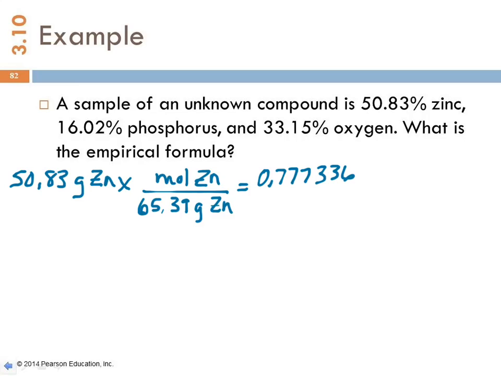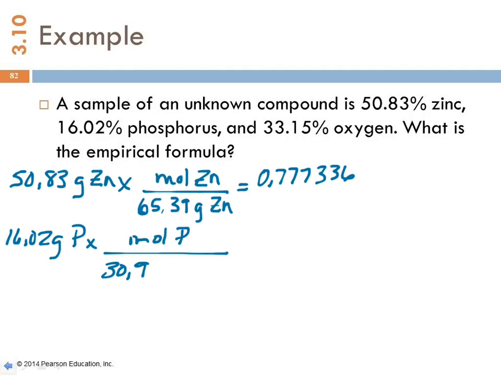And we've got 16.02 grams of phosphorus. We're multiplying by moles of phosphorus, dividing by its molar mass, 30.97.